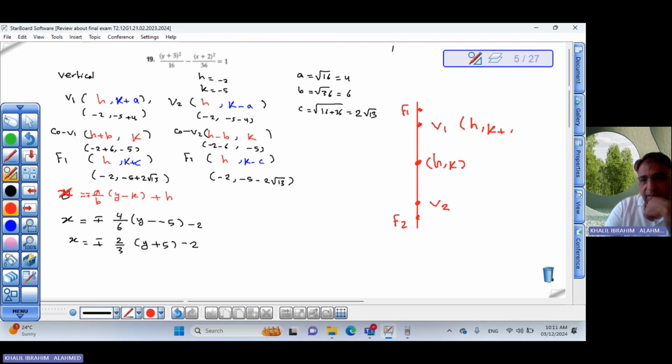F1 is h, k plus a. From here to here is a, and also from here to here is a. Be careful about this. As you see, from the center to F1 is c, and also from here to here is c.